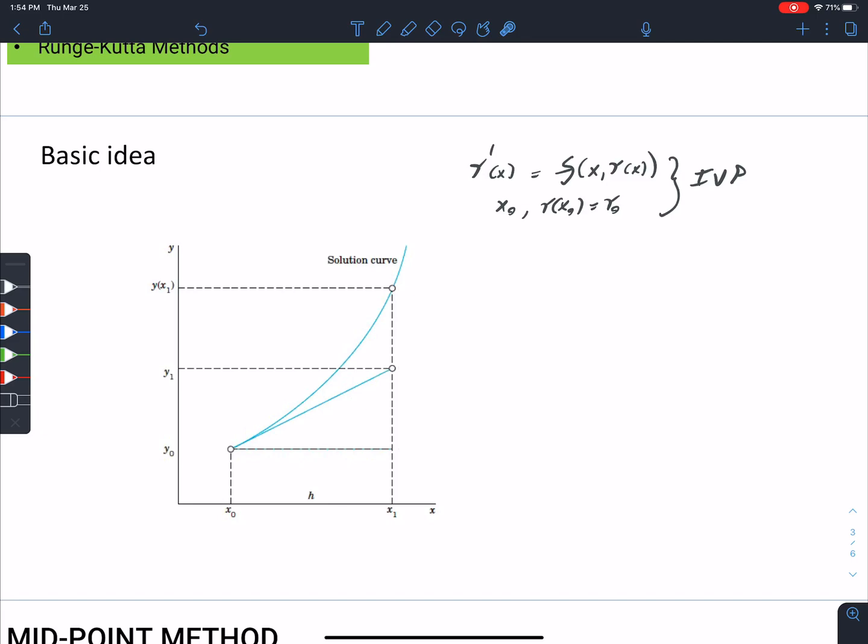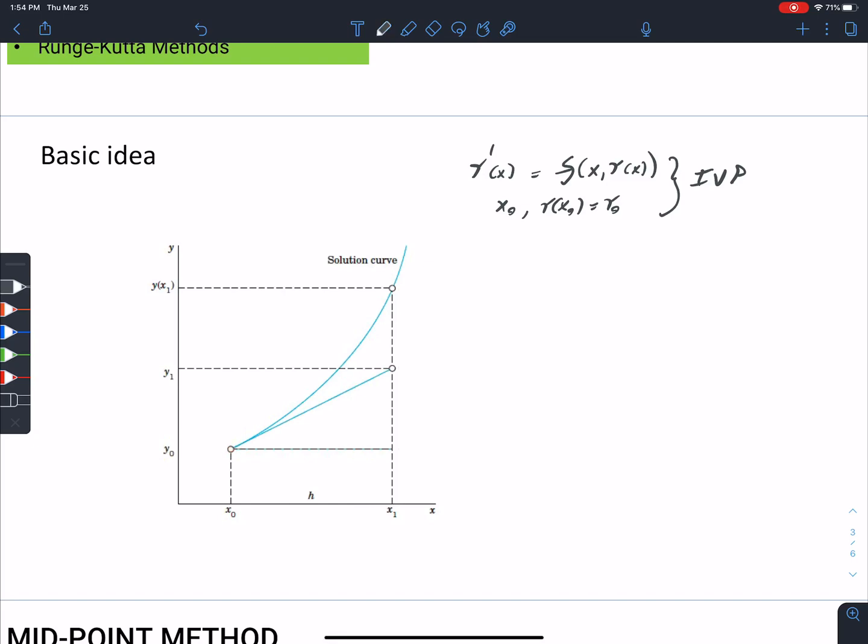So that's what we're trying to find out. And basically what we did before was to take the Taylor series approximation at the starting point, and we took only the first term of the Taylor series, which leads us to approximate the solution curve with a line instead, with the line having the same derivative as this function.